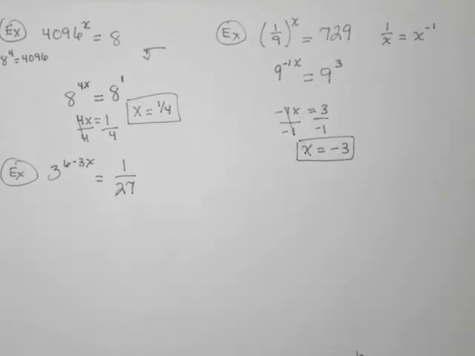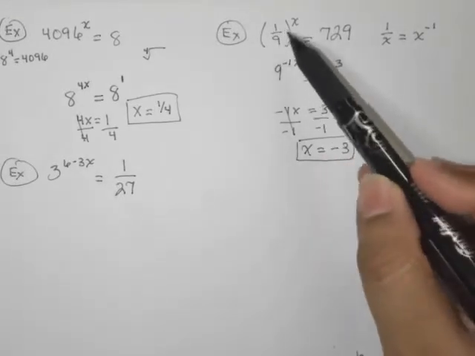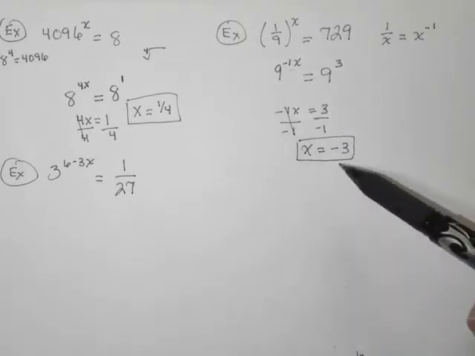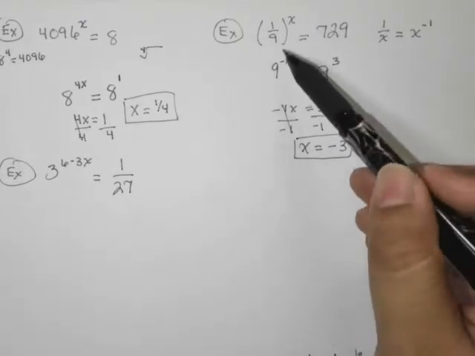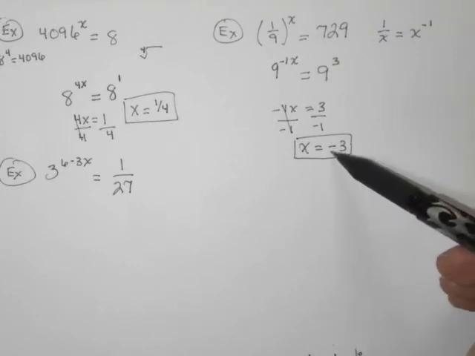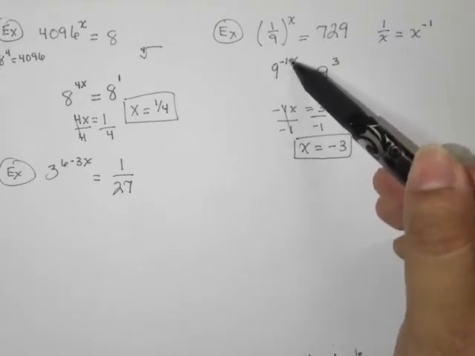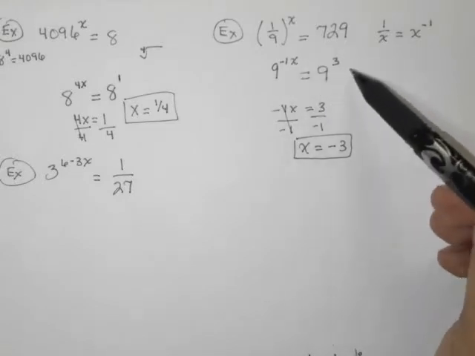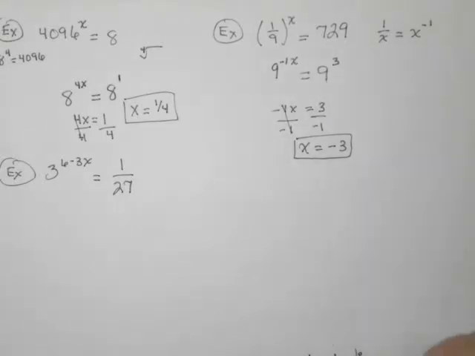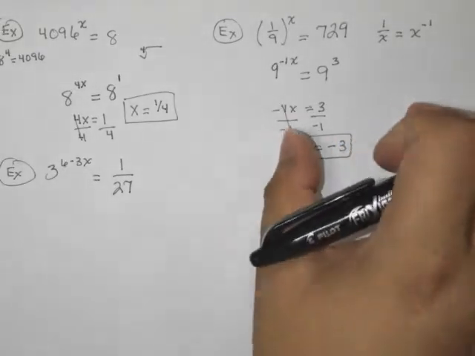All right, there it is. So this means that 1/9 to the power of negative 3 equals 729. And what happens when you plug in this negative 3, a negative 1 times a negative 3 is a positive 3. You get 9 to the third power, which is exactly what we have on the right side of the equation. So that's how you'd go about solving this one.